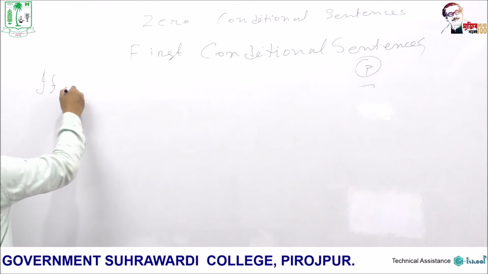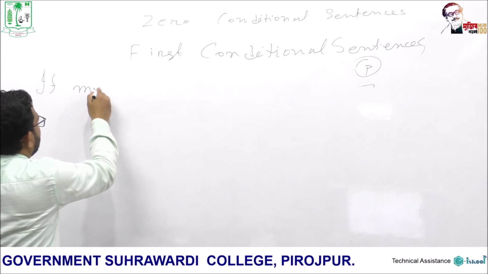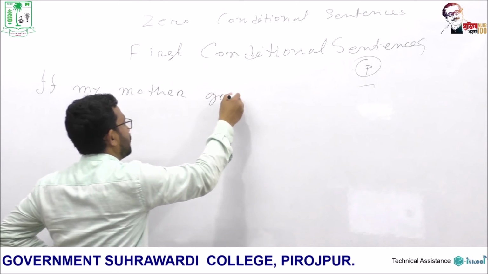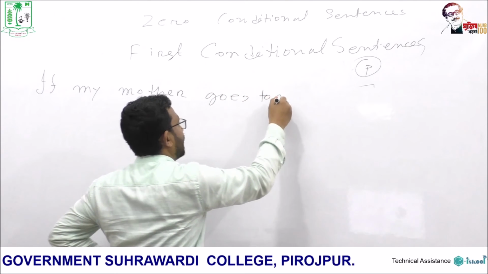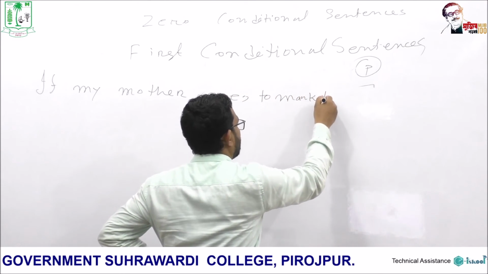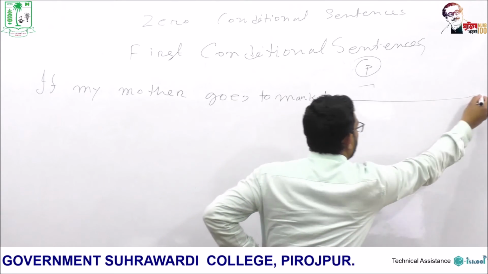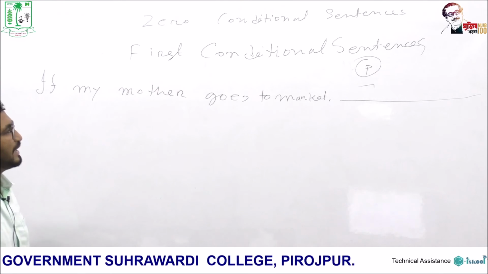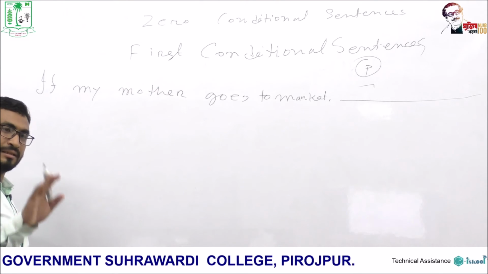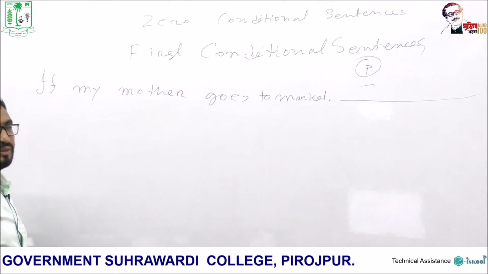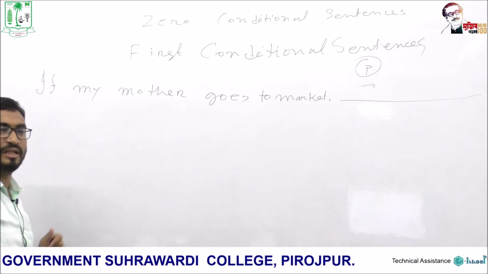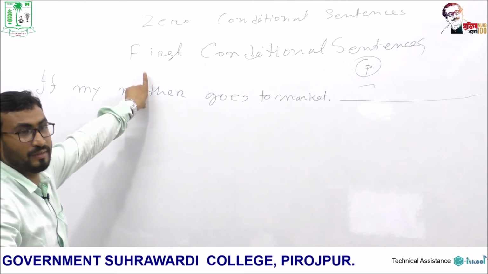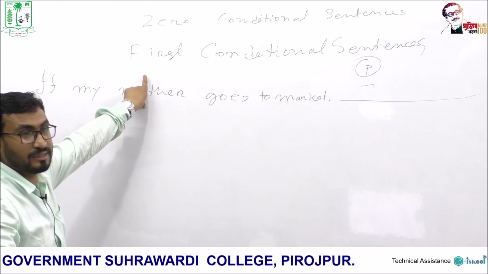If my mother goes to market, you have to complete this sentence. This is an incomplete sentence. Take for example that it has come in your exam. You have to complete it. How to do it? Look at the tense used in this subordinate clause, that is if clause.